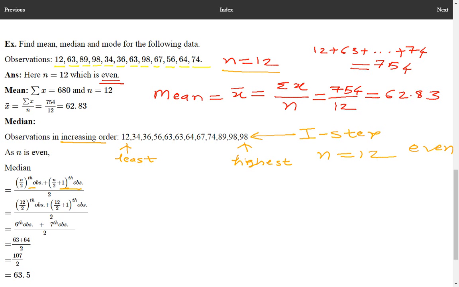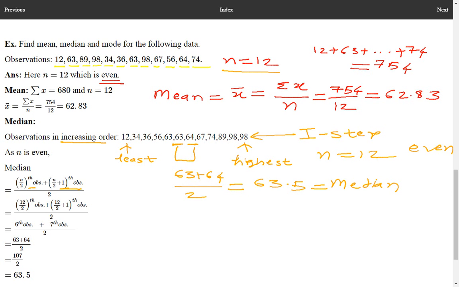So what is the left middle? 63 is the left middle and 64 is the right middle, and their sum you have to take and divide by 2. So 63 plus 64 divided by 2 equals 63.5, and it is nothing but the median. So the median is equal to 63.5.